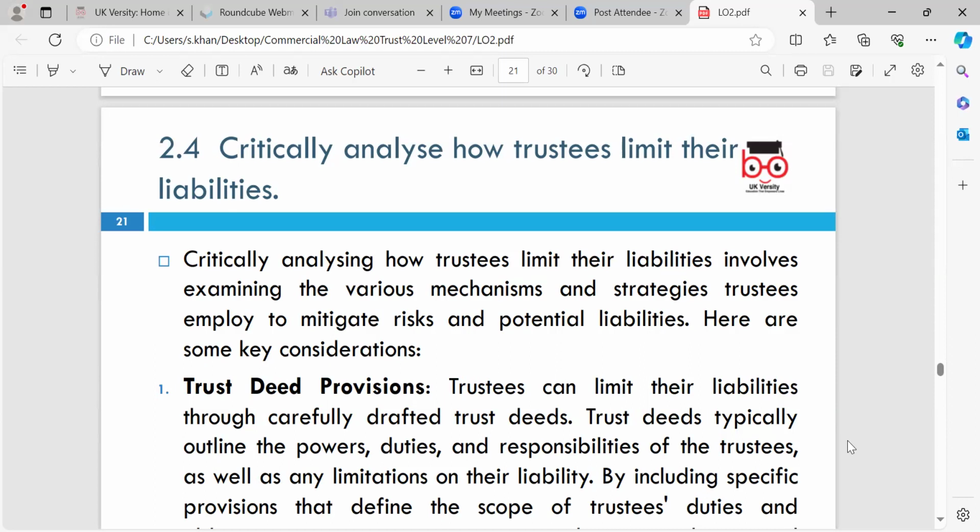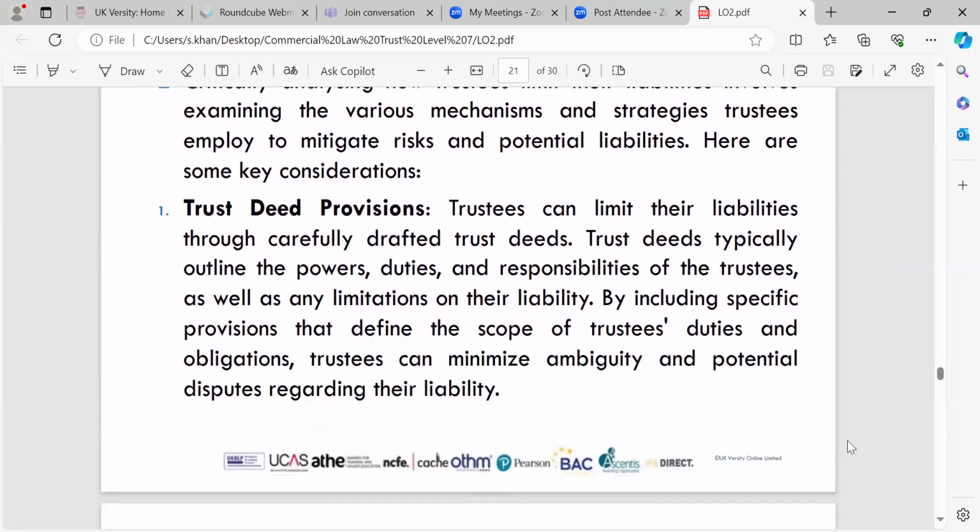critically analyze how trustees limit their liabilities. Critically analyzing how trustees limit their liabilities involves examining the various mechanisms and strategies trustees employ to mitigate risks and potential liabilities. Here are some considerations. Trust deed provisions. Trustees can limit their liabilities through carefully drafting trust deeds.